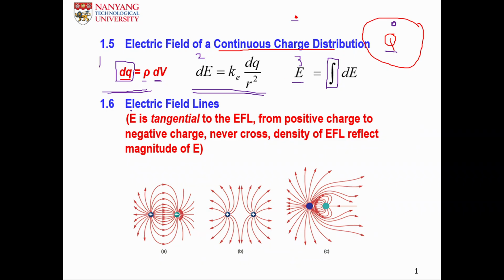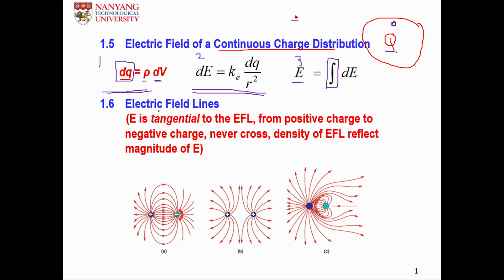One last point we briefly covered is the so-called electrical field line. The electrical field line is nothing but some artificial lines which we use to visualize the electrical field E. It helps us visualize the distribution of electrical field E in real space.